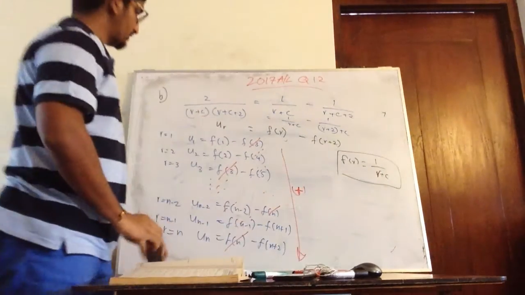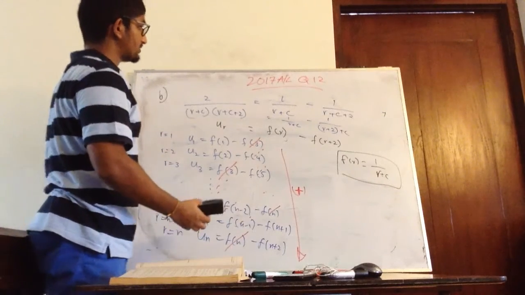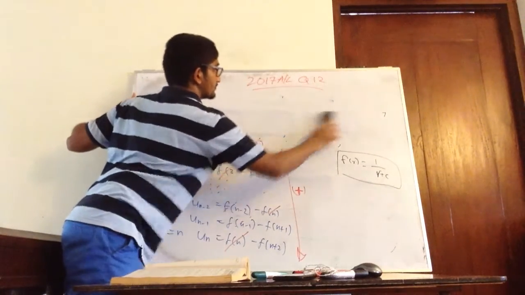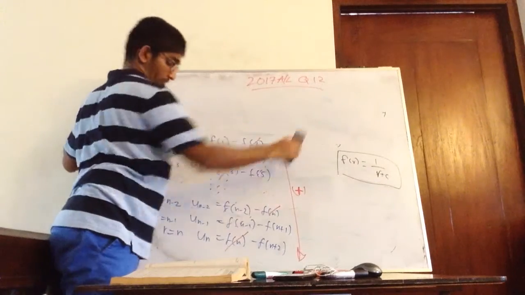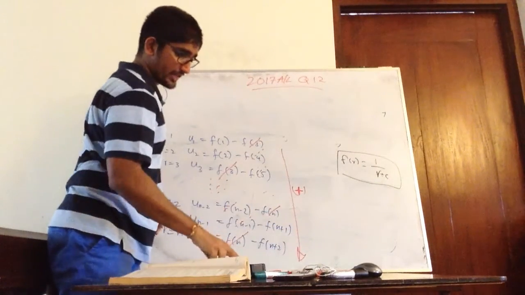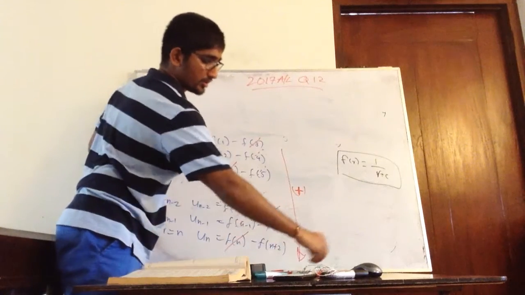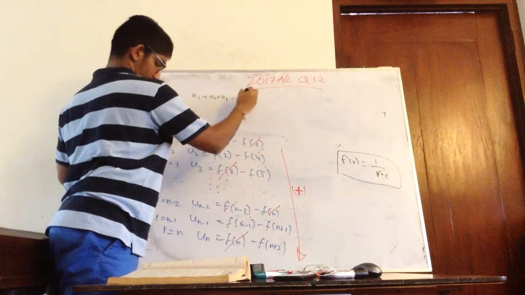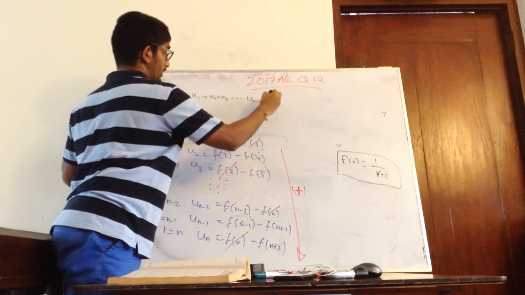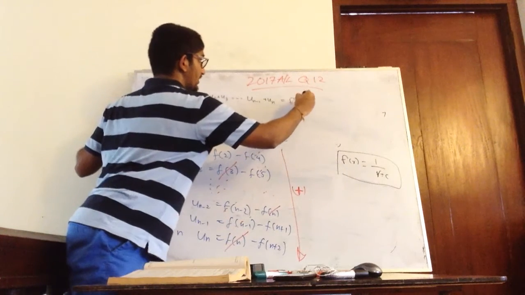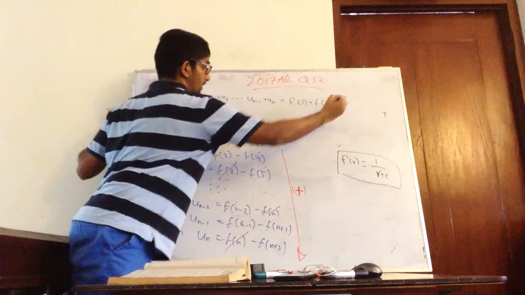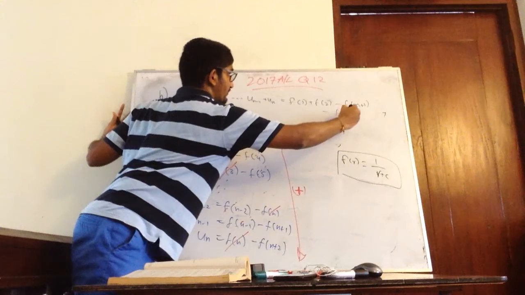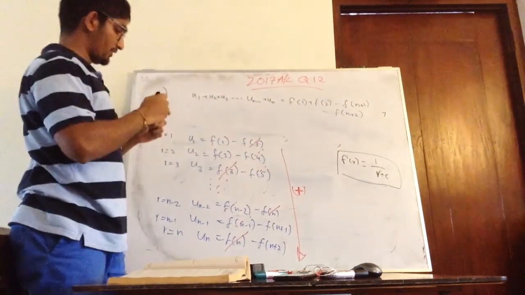Okay, so now we can get the answer out. So now when we add this up, you will get U1 plus U2 plus U3 up to U n minus 1 plus U n will be equal to f1 plus f2 minus f n plus 1 minus f n plus 2.